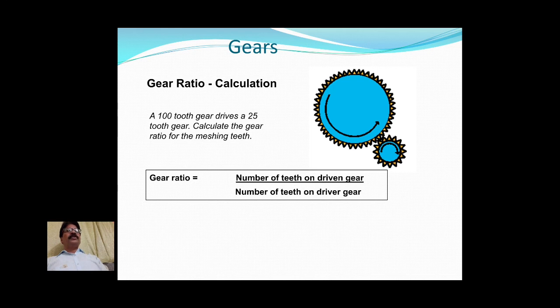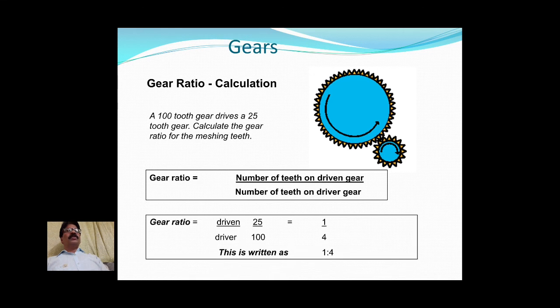So here gear ratio will be equal to the number of teeth on the driven gear divided by the number of teeth on the driver gear. That is 25 upon 100, that is 1 by 4, or it can be written as 1:4. The gear ratio is 1:4.